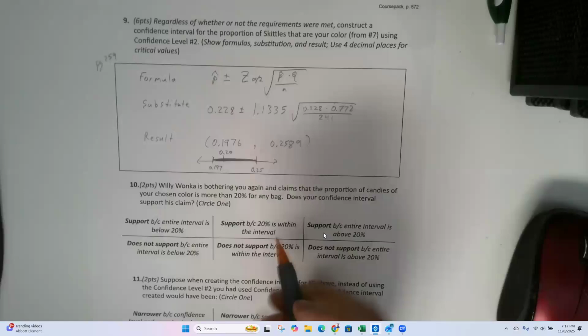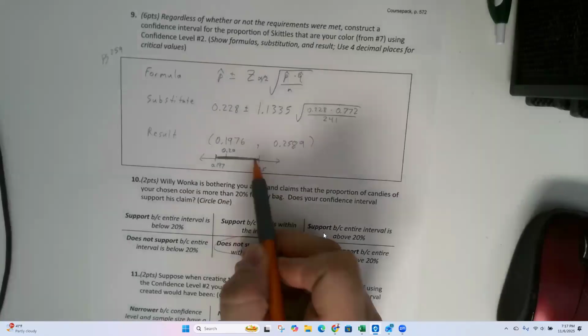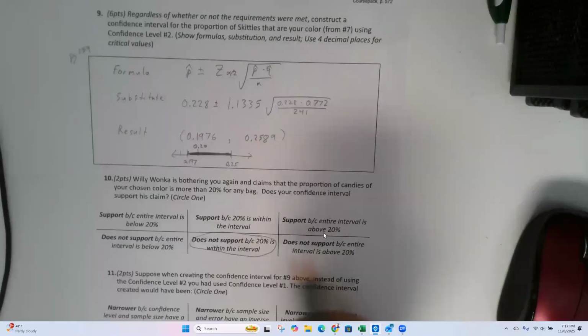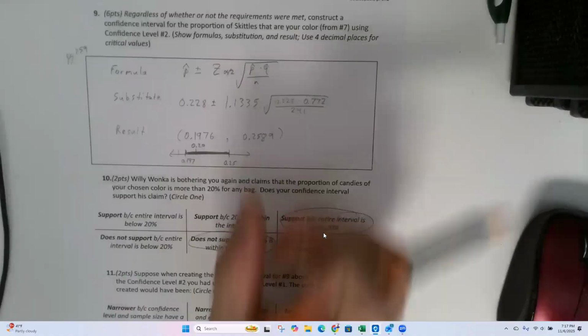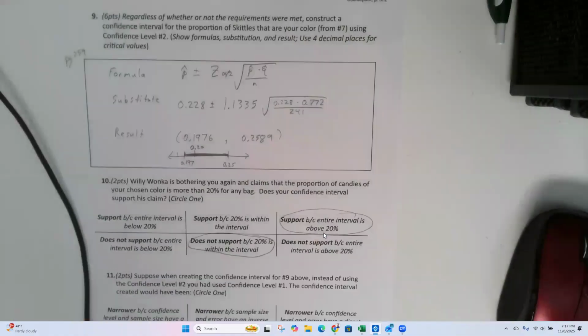So in that case, I don't believe him, because 20% is in my range. Now, if 20% was down here, I would support him because my entire interval would be up above 20%. So those are the two possible answers for number 10.